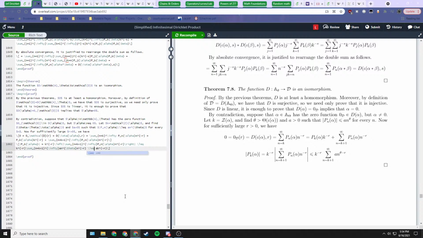So this will be less than or equal to, so we are essentially using the integral test here, although we're being a little bit more specific than the integral test. So k plus 1 to infinity, and then this is n power theta minus r. Since r is sufficiently large, we can assume this converges.